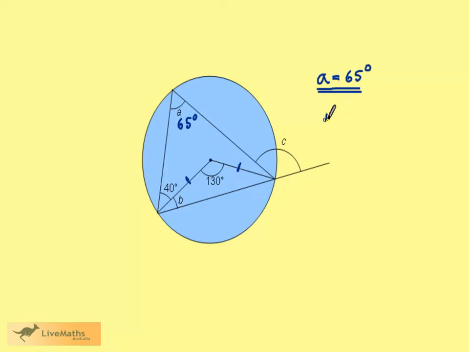If this one is 130, then doing 180 take away 130 gives us 50 degrees. The other two angles must add to 50, and they're the same, so each of them must be 25 degrees. Therefore, the angle B is equal to 25 degrees.